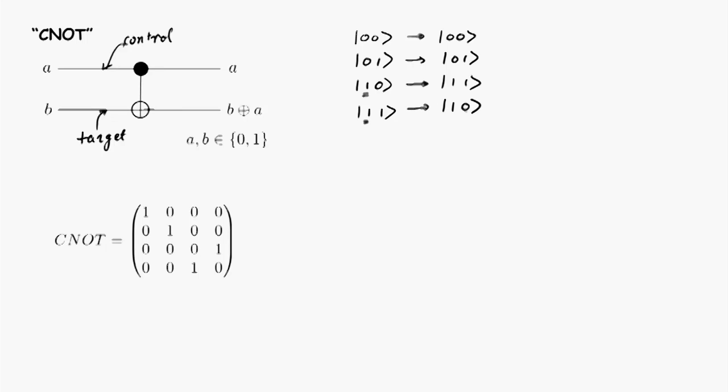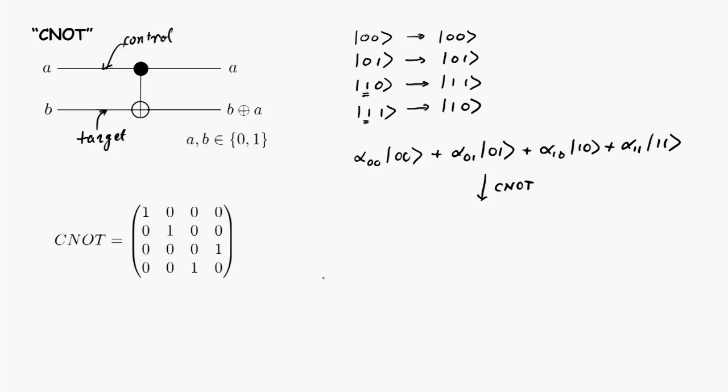Now, of course, in general, the input is a superposition of all these four. So you might have input alpha 00 |00>, alpha 01 |01>, alpha 10 |10>, alpha 11 |11>. So what does the CNOT do to it? Well, this it leaves unchanged.